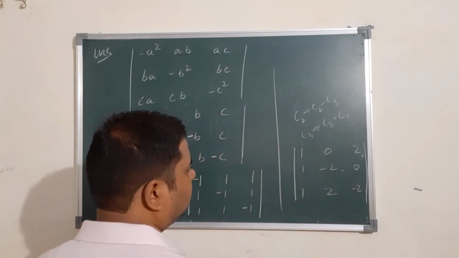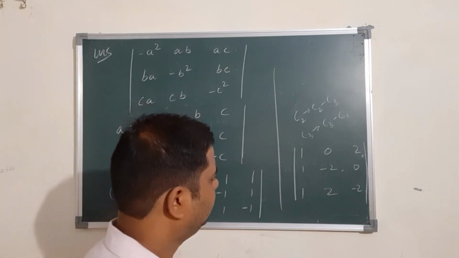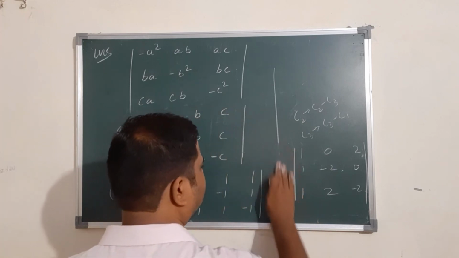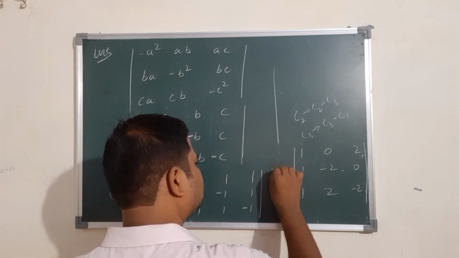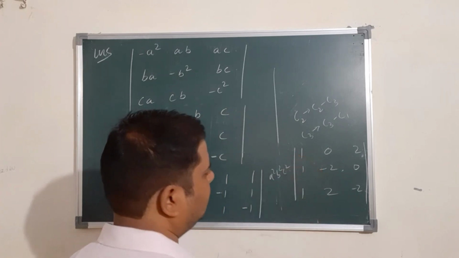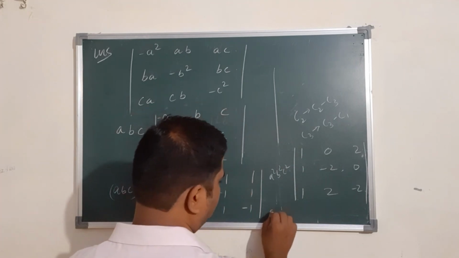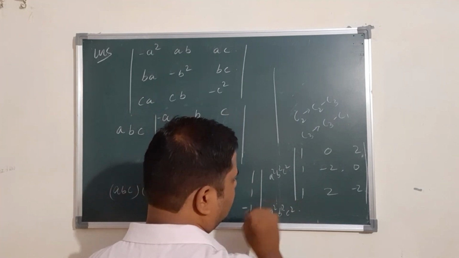Now expanding, we get 4 a square b square c square.